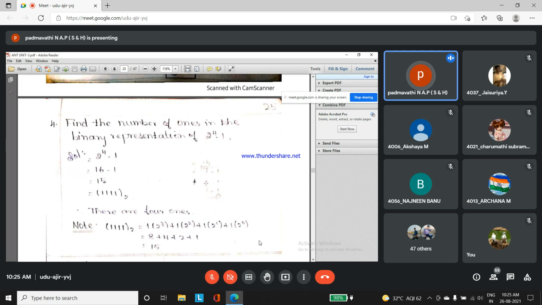Then 3 is there. Again divide by 2, 1 two is 2, then remainder 1. So the binary number is 1111. Base is 2. It's for reference now.